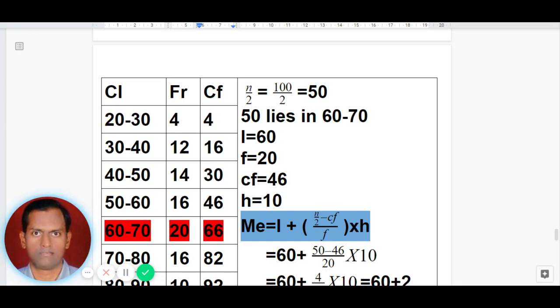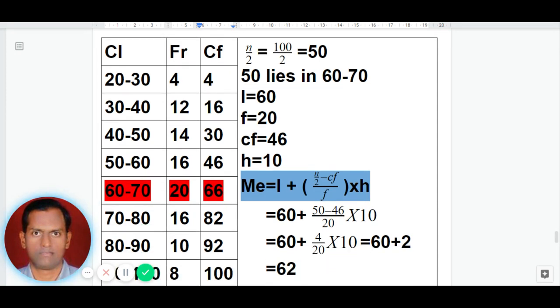So 16 minus 4 can be written as 12. 40 to 50, the total is up to 50. The total is 30. So 40 to 50 is 30 minus 16, which is 14. Thus we can write frequency and cumulative frequency.